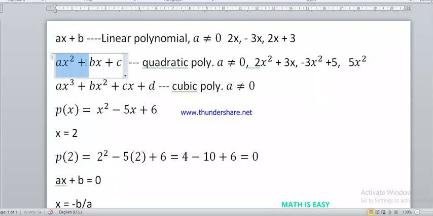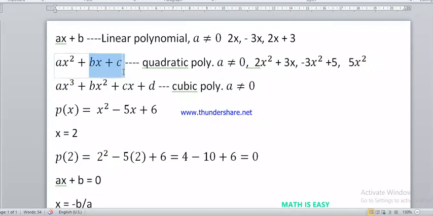And ax square plus bx plus c, I call it a quadratic polynomial, and this is the general form of a quadratic polynomial. Here also a cannot be 0. If a is 0 here, then ax square will be 0. Then you have bx plus c, that will become a linear polynomial. So that's why a cannot be 0.